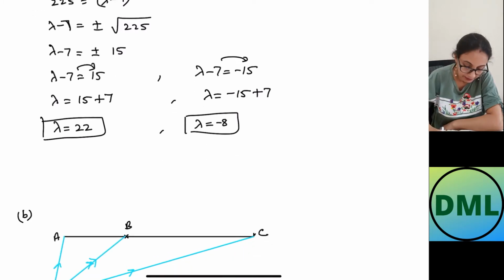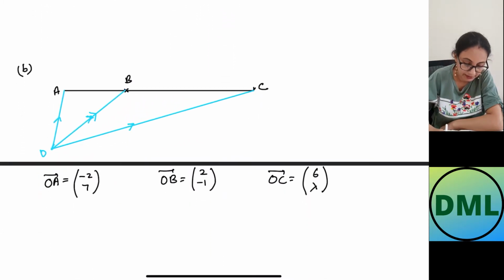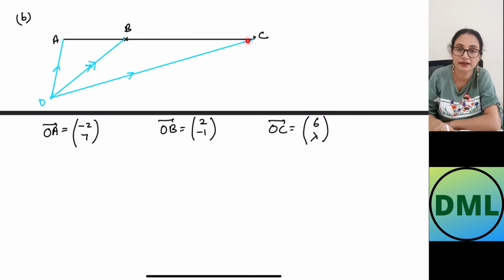Now, in the next part, they say that A, B, C are in a straight line. Now, suppose that the origin is here. They give you the vector OA, the vector OB, and the vector OC here. Now, I will write down the position vector OB by applying the triangle law in triangle OAB.